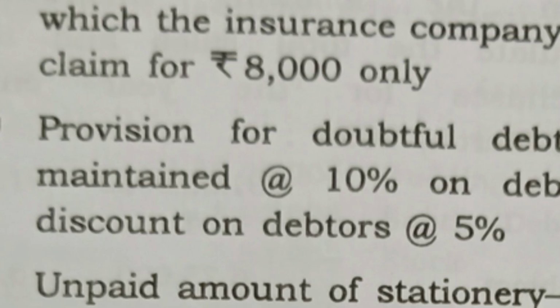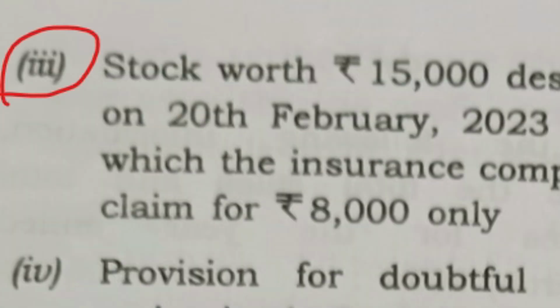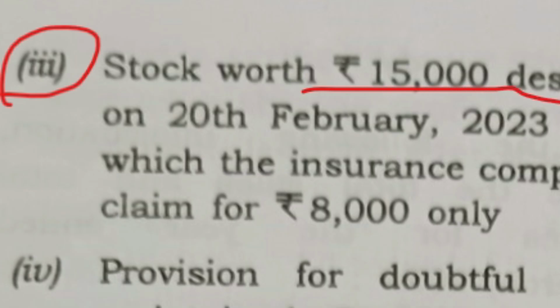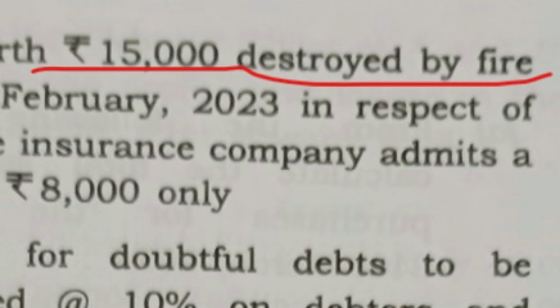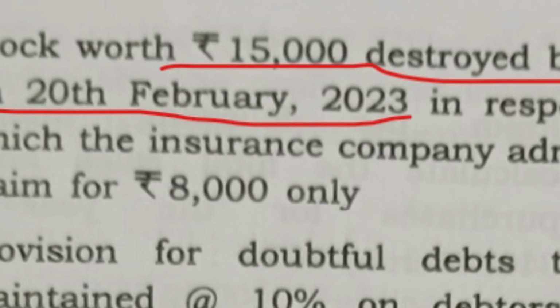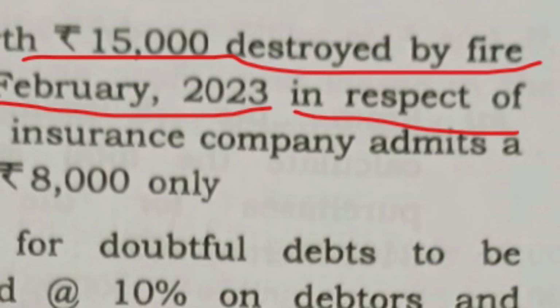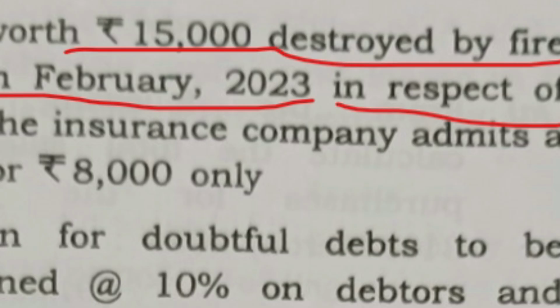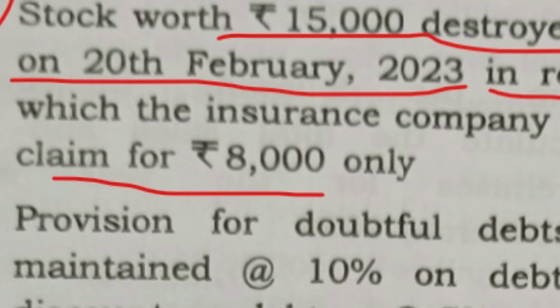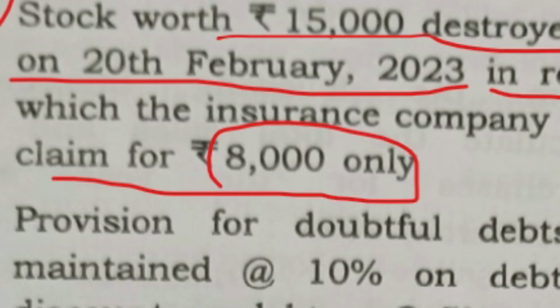Adjustment number 3. A stock worth rupees 15,000 was destroyed by fire on 20th February 2023, in respect of which the insurance company admits a claim for rupees 8,000 only. Out of 15,000, the insurance company compensated 8,000, so the remaining 7,000 is not recovered, so it is a loss.